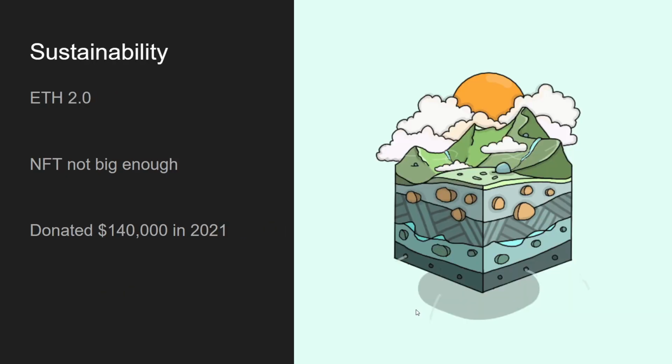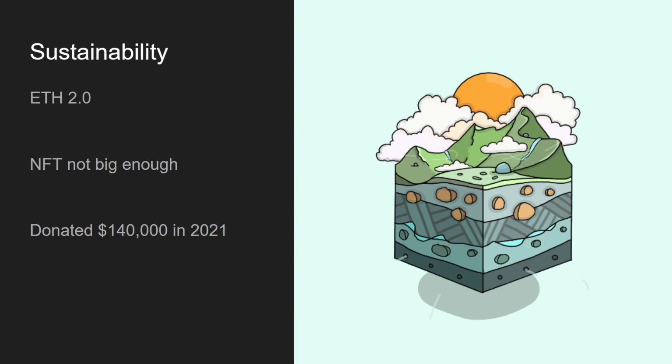Sustainability. Artblocks is an NFT platform, but as we know, the crypto space and Ethereum is kind of energy heavy. Artblocks doesn't really want that. They want Artblocks to be sustainable, and they are on Ethereum, and they're mostly waiting for Ethereum 2.0 to solve most of the energy and sustainability issues.